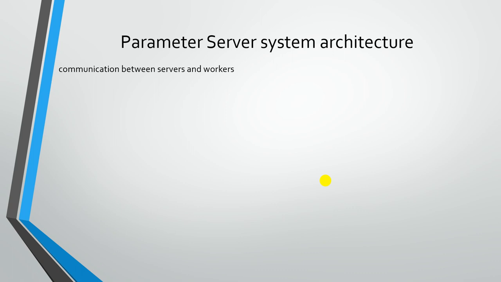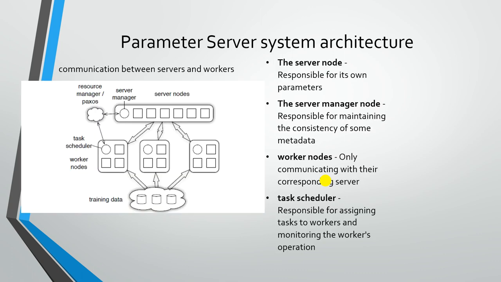Here you can see the server nodes. If you can see the cursor, okay, this one. This is the server nodes. Server nodes can communicate with other server nodes. Each server is responsible for its own parameters. The server group maintains the update of all the parameters.